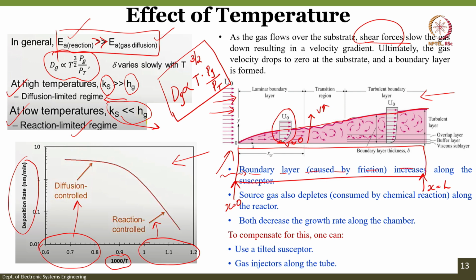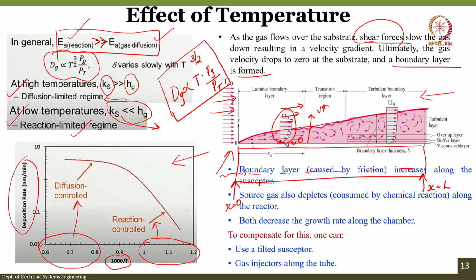At points close to the substrate surface you have almost 0 velocity because the effect of the shear forces is greater, and as you move away the velocity keeps increasing because the effect of shear forces is less far from the substrate. Due to the existence of this velocity gradient, you can say that a boundary layer is formed above your substrate surface.